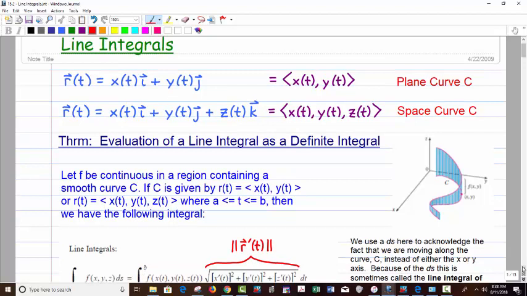Now we have a theorem that's the evaluation of a line integral as a definite integral. And you're going to see some other line integrals come up. There's different ways to do this depending upon how the problem is presented to you. So it's not too confusing, but this particular formula works given this situation.